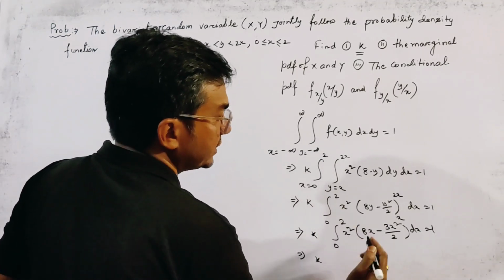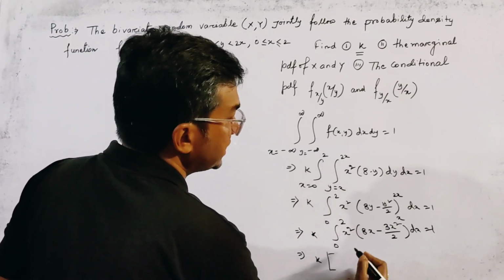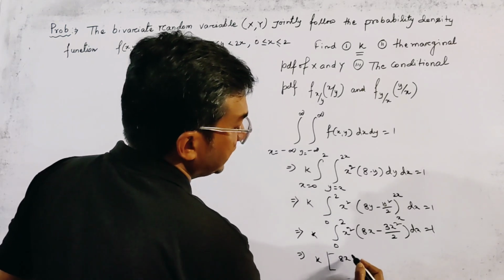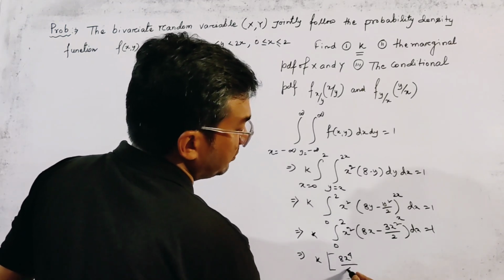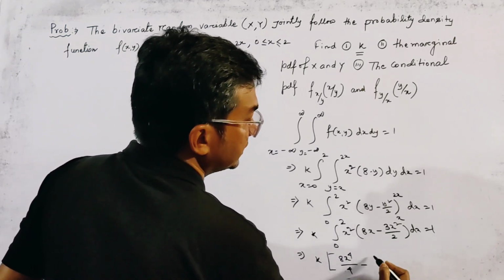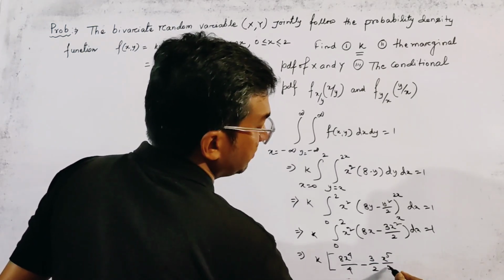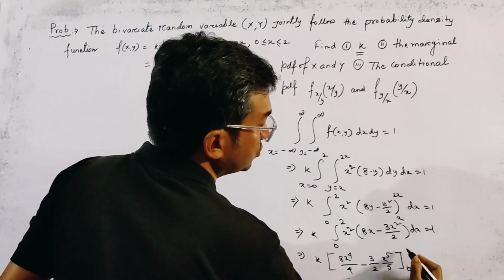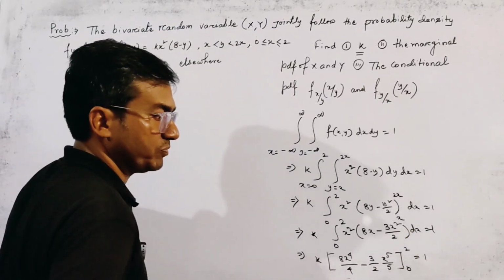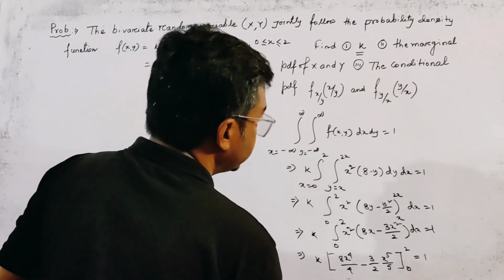If we integrate this, we get 8x^4/4 - (3/2) x^5/5, with the limits 0 to 2, equal to 1.